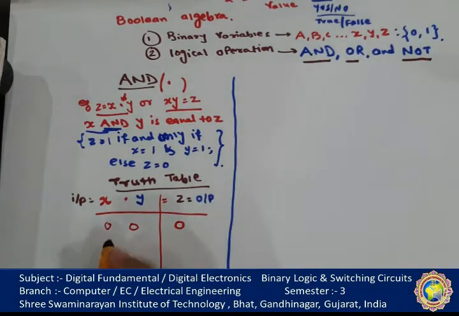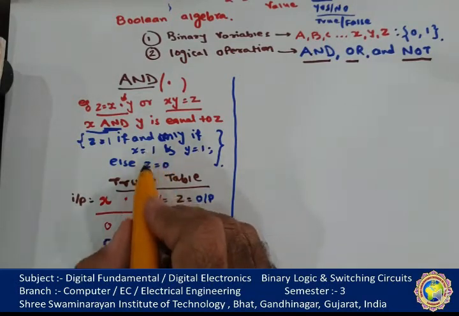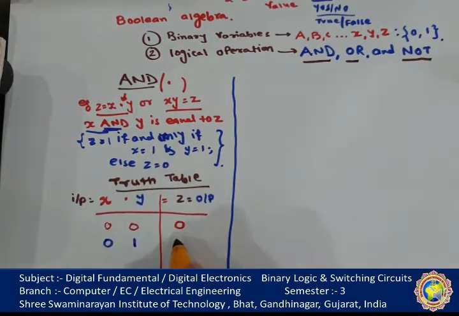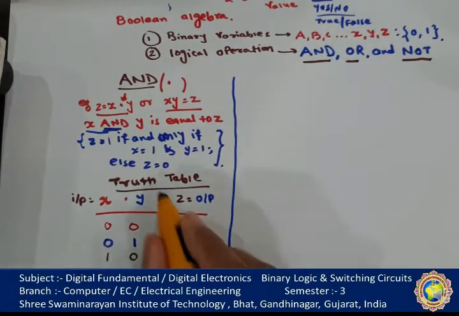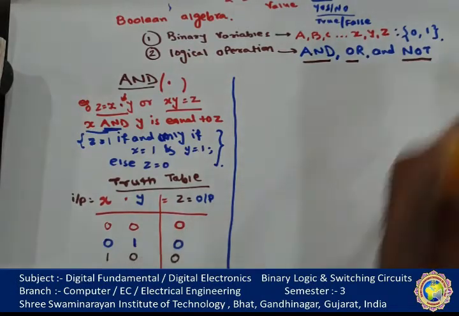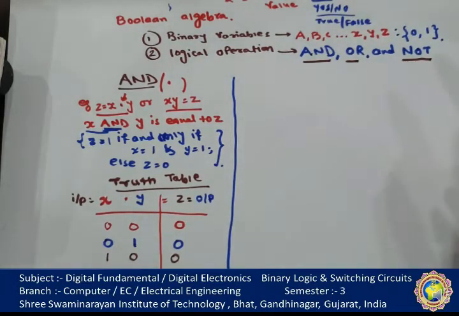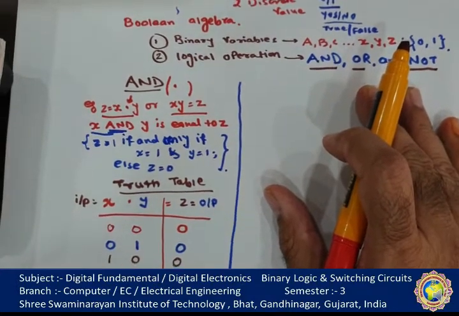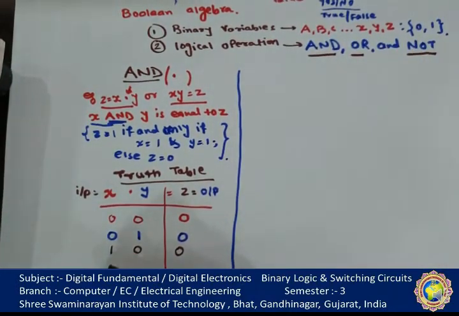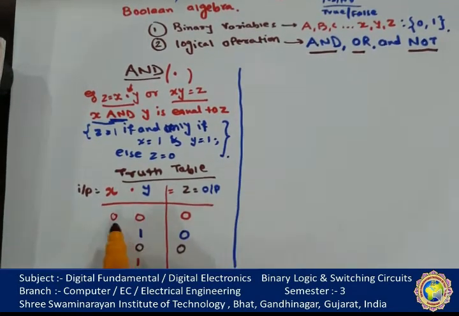The second possibility is that X is 0 and Y is 1, but as per the definition of AND logic, it is again 0. The third combination is X is 1, Y is 0, and again the output is 0. Only the last combination remains, when both inputs are 1, 1, because with 2 inputs, 2 raised to 2, 4 combinations are possible.